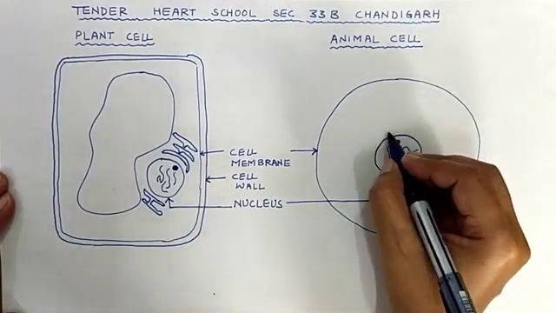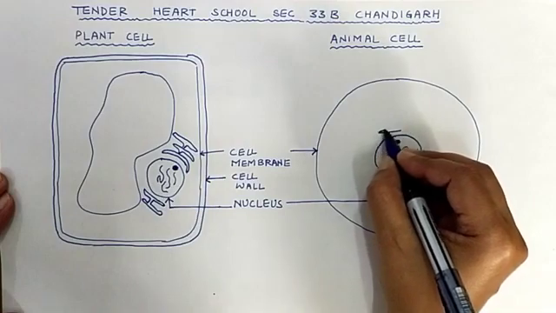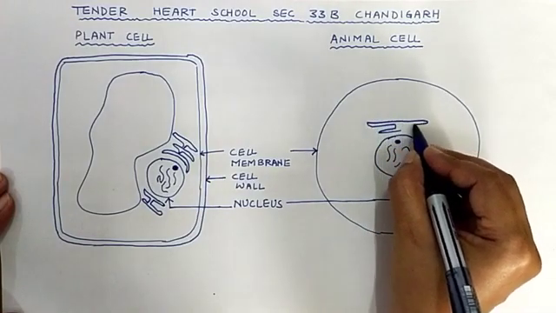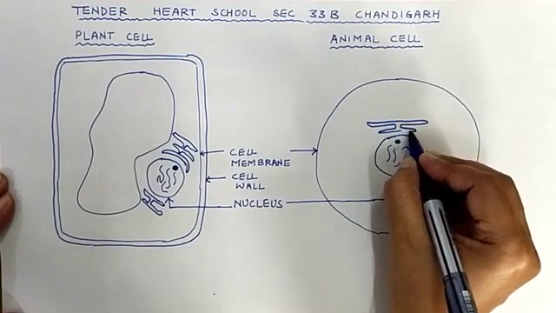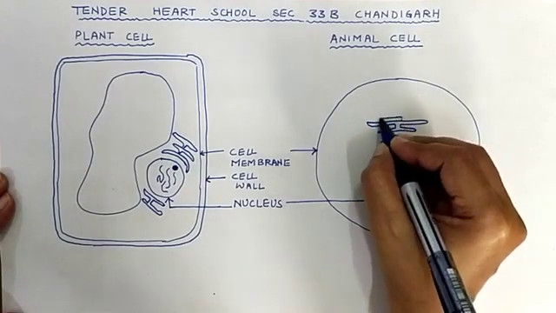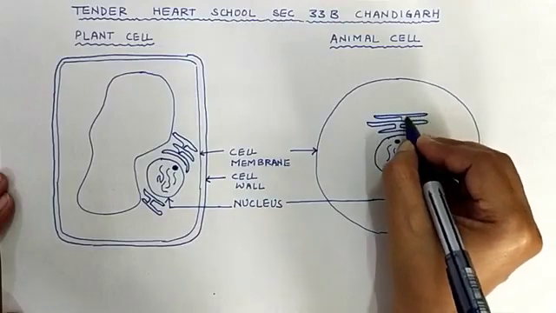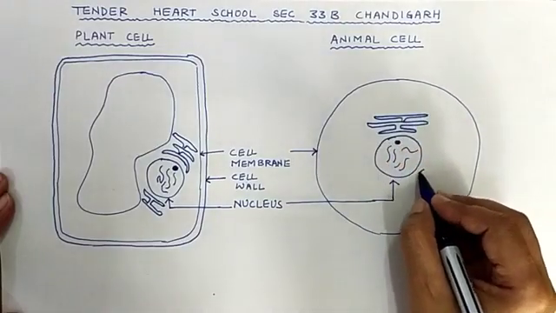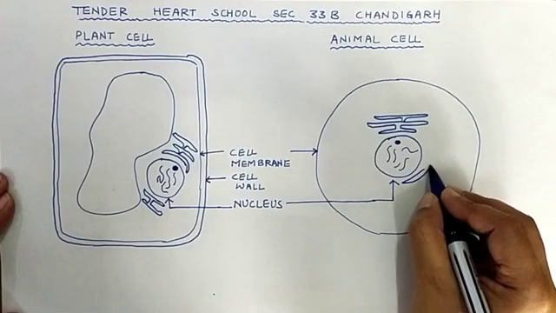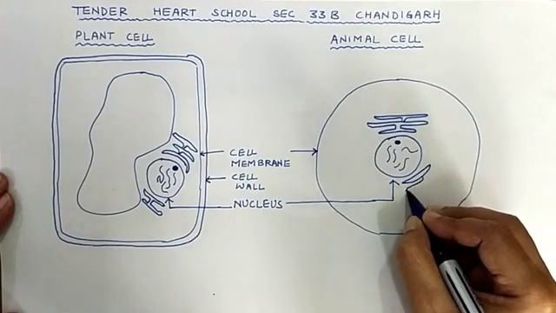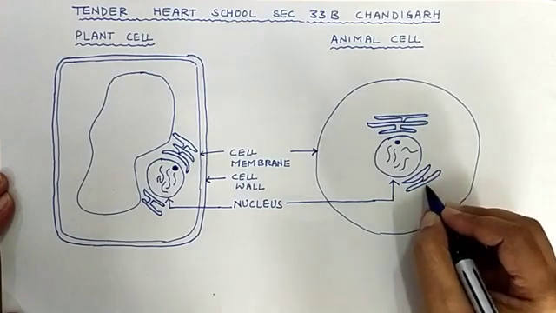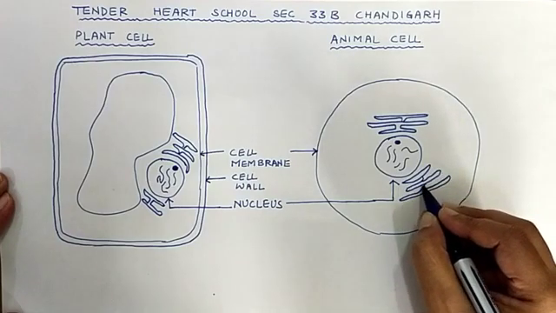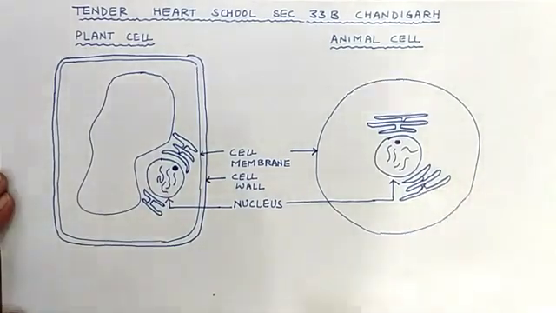Okay, so this way you can show the endoplasmic reticulum. It is near the nucleus, right? So this way you can show. These are the membrane bound organelles which are giving rigid framework to the cell.